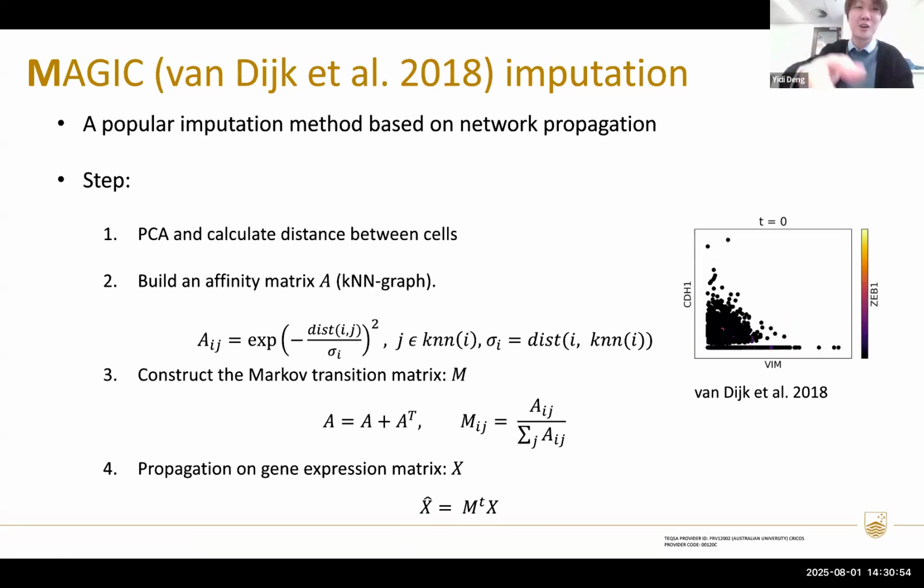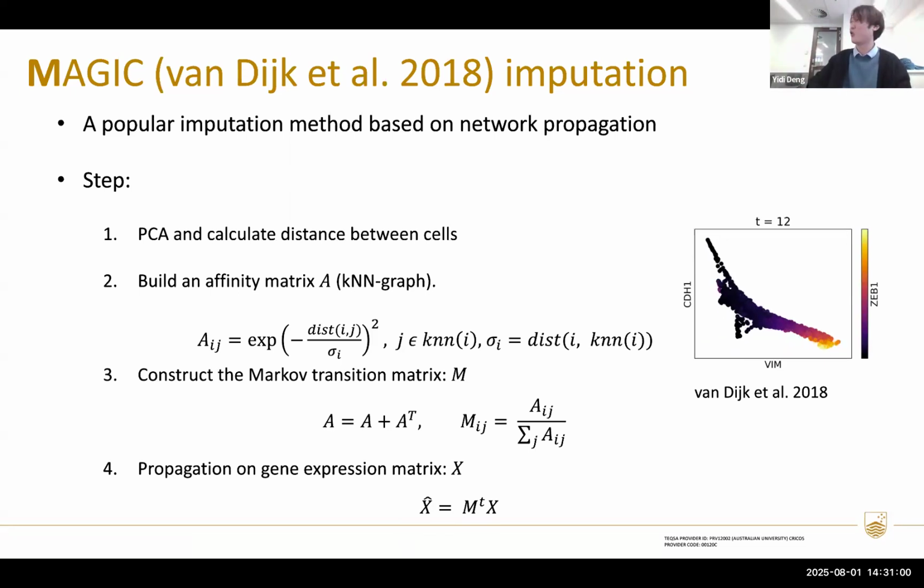So it's already been informed by that transformed expression matrix. If you do this, the variance of cells after imputation will be very low because you are over-smoothing the data.